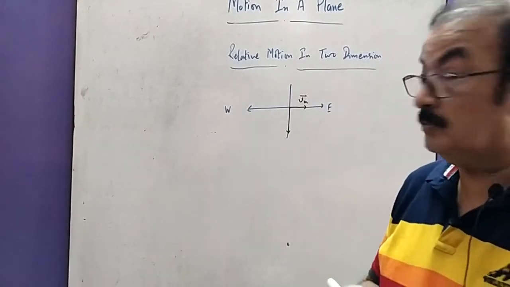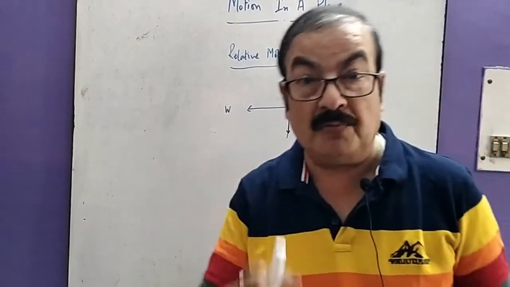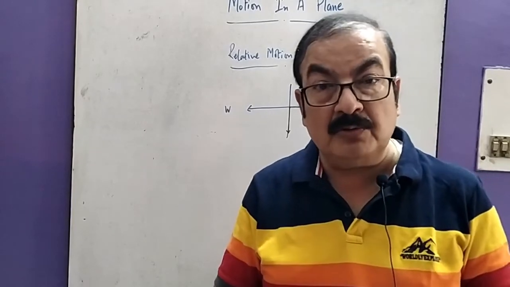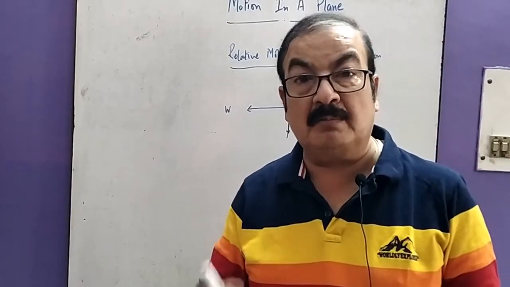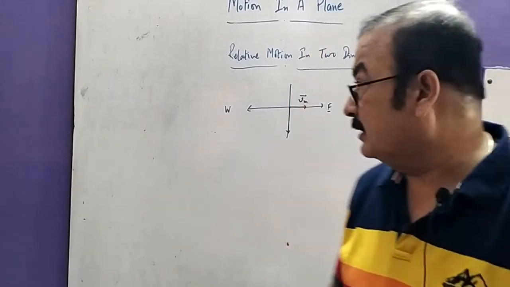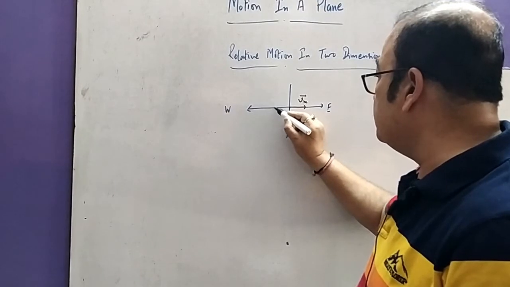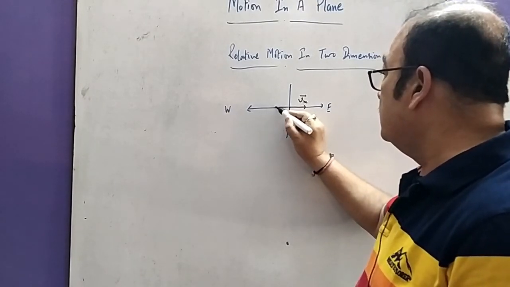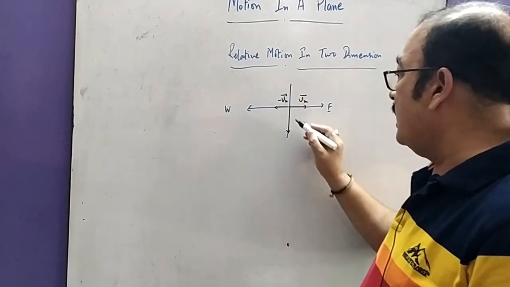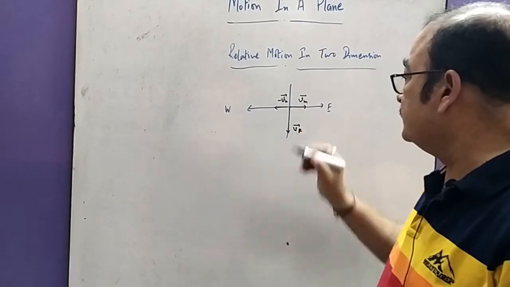Then in order to observe the relative velocity of rainwater with respect to my motion, what could we do? We have to subtract my velocity from the velocity of rain. That means we must take the opposite velocity here, opposite to my velocity. It is minus Vm, and it is still the velocity of rainwater.